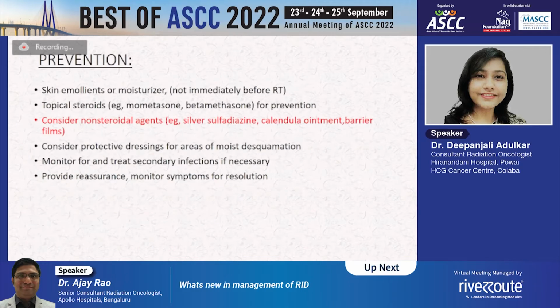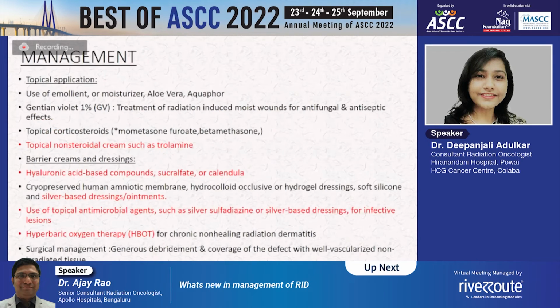We also use multiple skin moisturizers, topical steroids, even non-steroidal creams such as trolamine sometimes, or protective dressings, and we see to it that there are no secondary infections. So if we go on to management, what we generally use are topical applications of moisturizers, aloe vera, gentian violet, corticosteroid creams, specifically mometasone and betamethasone, and dressings, which are hyaluronic based compounds, sucralfate.